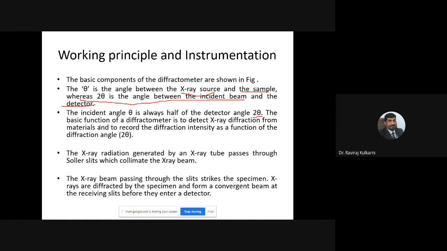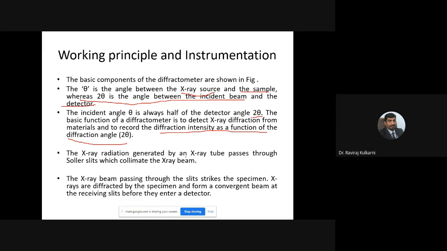The basic function of diffractometry is to detect X-ray diffraction from materials and record the diffraction intensity as a function of the diffraction angle 2 theta. Why is it 2 theta? It is the detector angle.